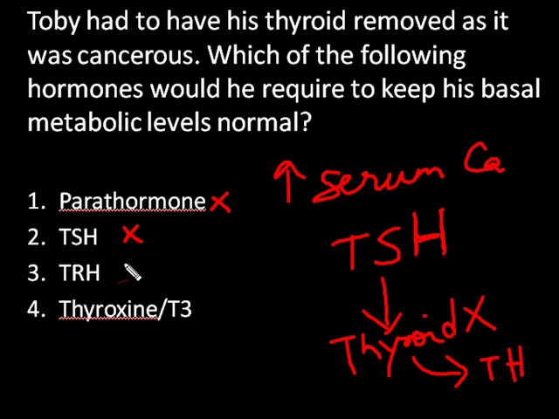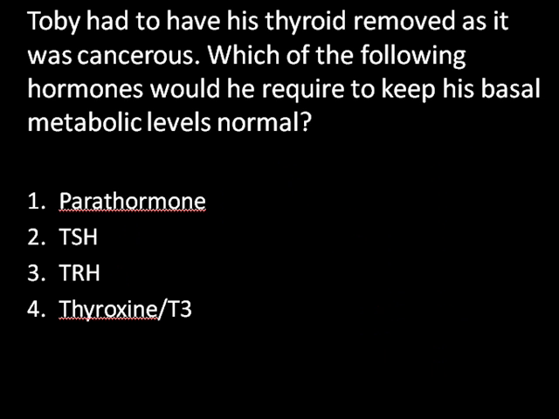How about TRH? TRH also would not be effective because again, if you look at this loop, and let me show you this loop again. So if you look at this loop, TRH produced by the anterior hypothalamus, it's the releasing hormone, acts on the anterior pituitary to produce TSH or thyroid stimulating hormone.